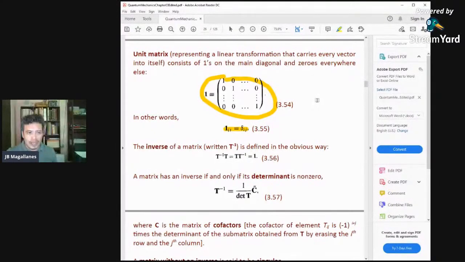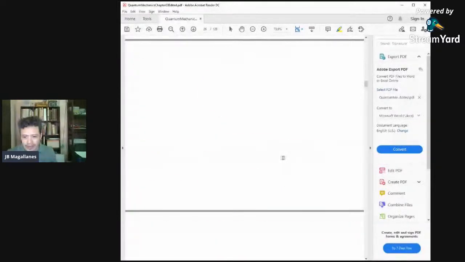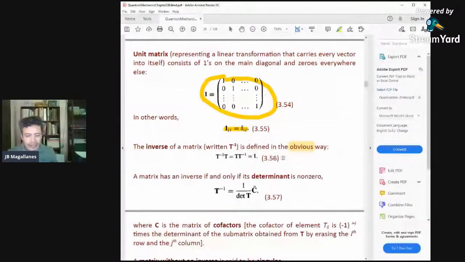Only some of the square matrices have inverses. So in equation 3.56, you have the inverse of a matrix multiplied to the matrix, and it is just equal to the matrix multiplied to its inverse, equal to the identity matrix.